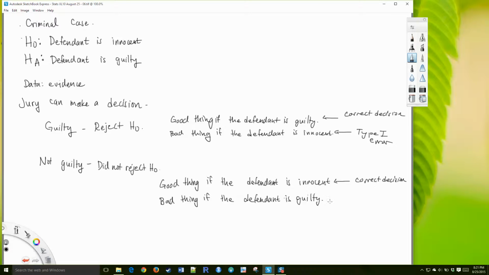And this down here is a type 2 error. They did not reject the null when the null is false. Just want to let that sink in, make sure that makes sense to you all. Okay, is this okay? All right.